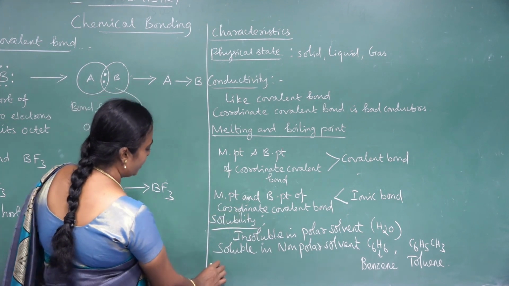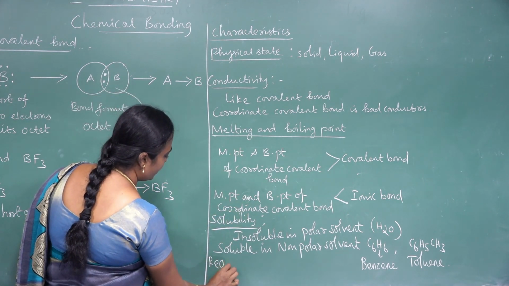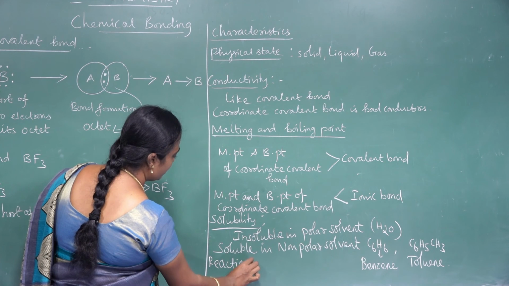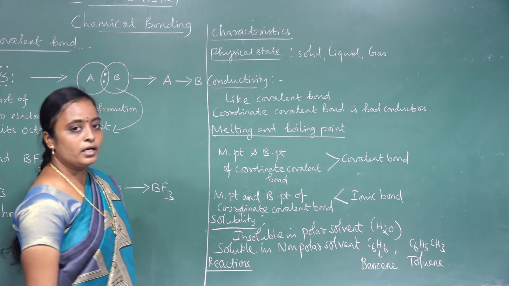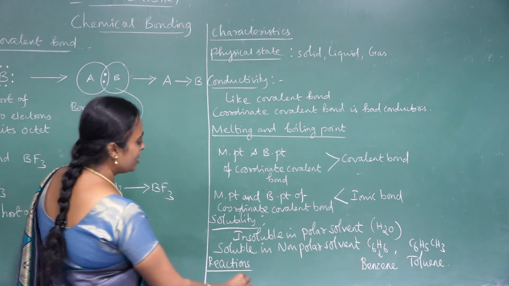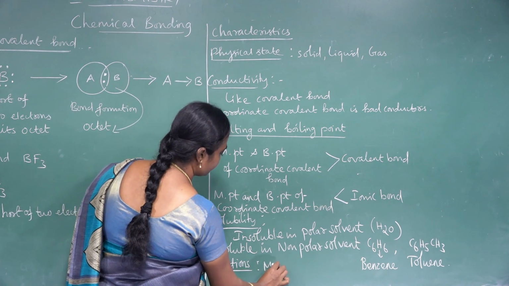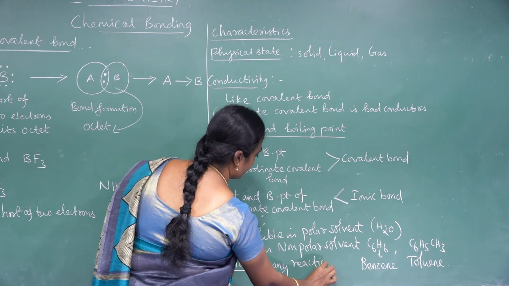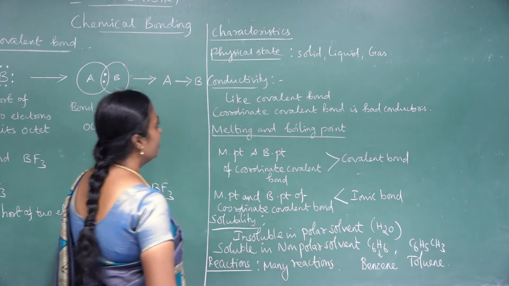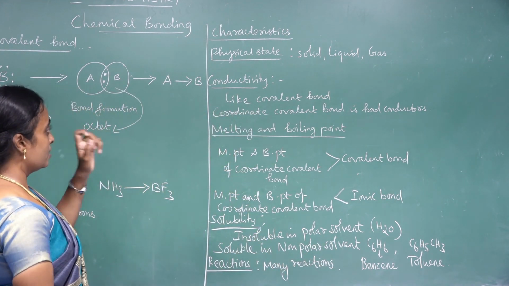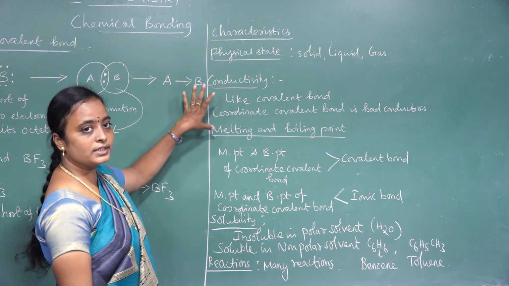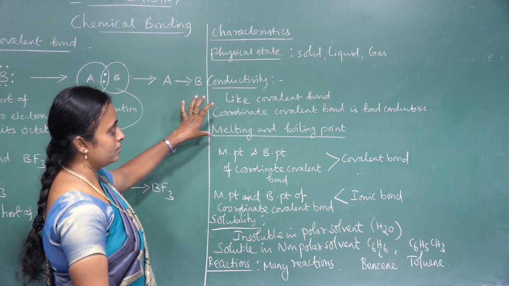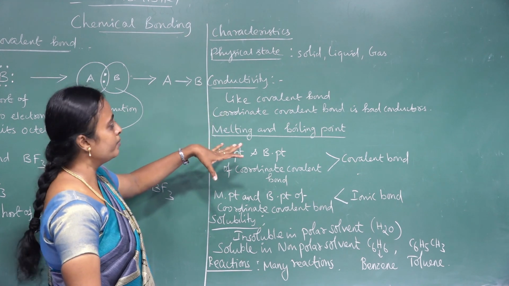And what about the reactions? If you take reactions, generally these coordinate covalent compounds are involved in many reactions. So what about the characteristics? First we discussed the physical state: there are 3 states in which the compound will be present.